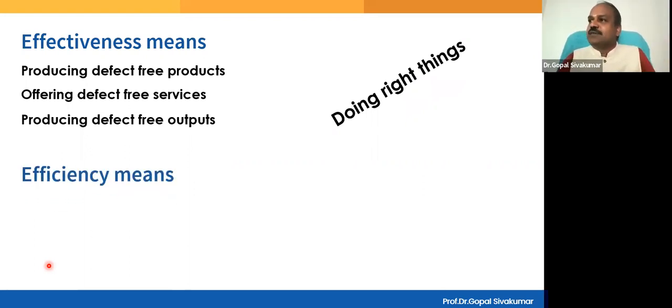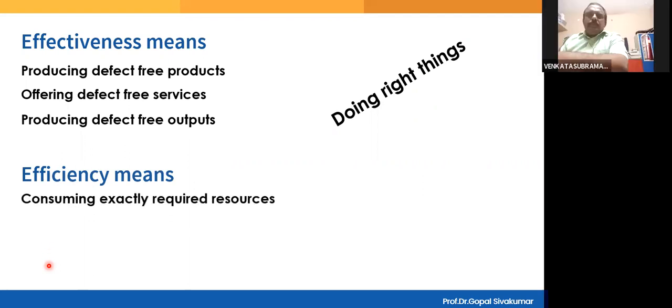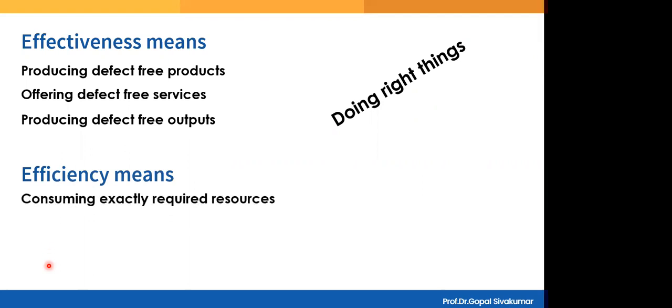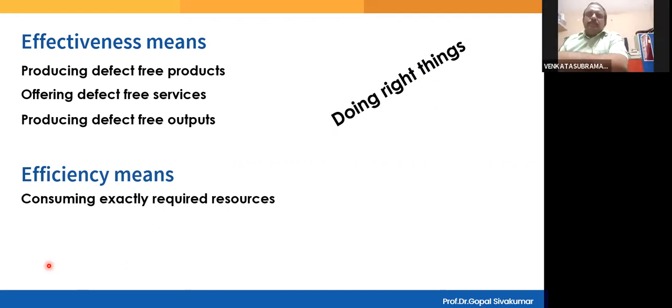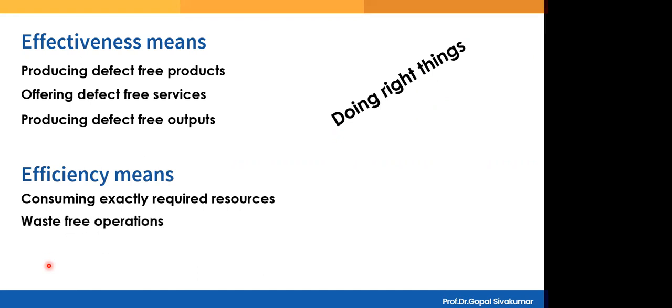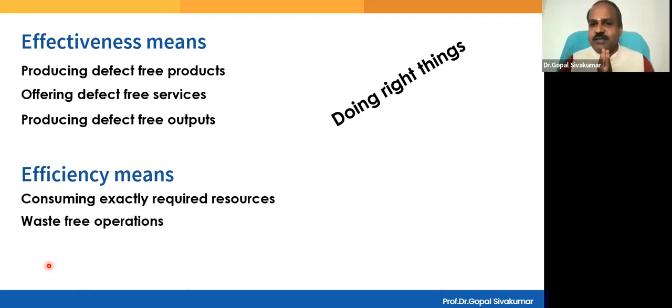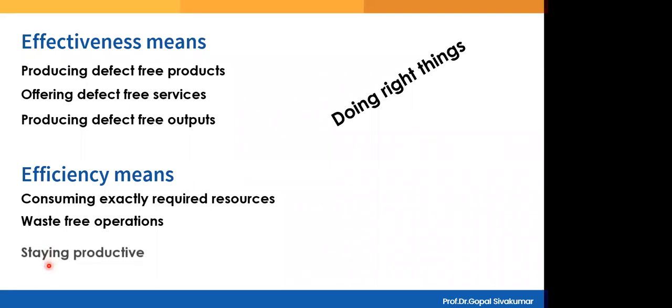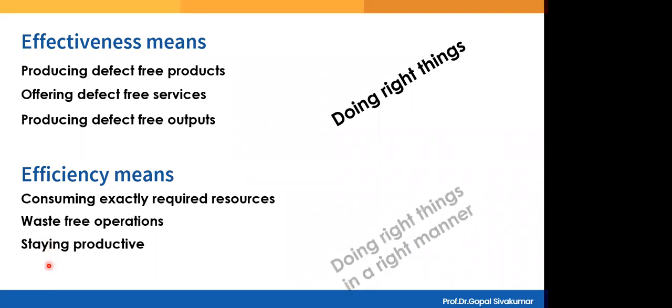What is efficiency? Reducing waste. Optimizing the resources, consuming only exactly required resources. Waste-free operations. Your people are not involved in any unproductive activity. Eight hours, they stay productive throughout.